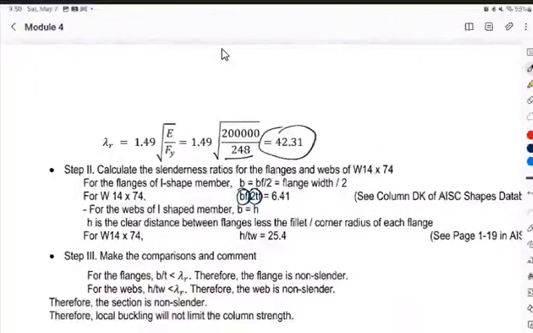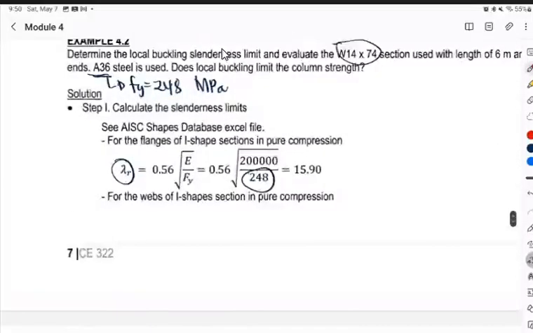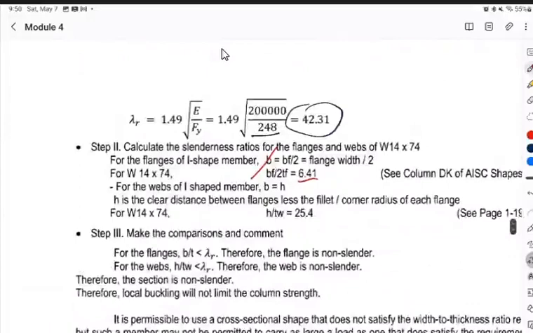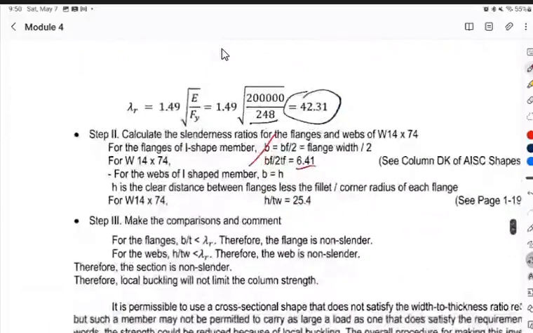Okay, for the flanges. Saan yung flanges natin? That's b all over t, or bf all over twice the thickness of the flange. Okay, it's 6.41. And i-compare mo siya for 15.9. Okay, it is less than lambda r. So therefore, the flange is non-slender.